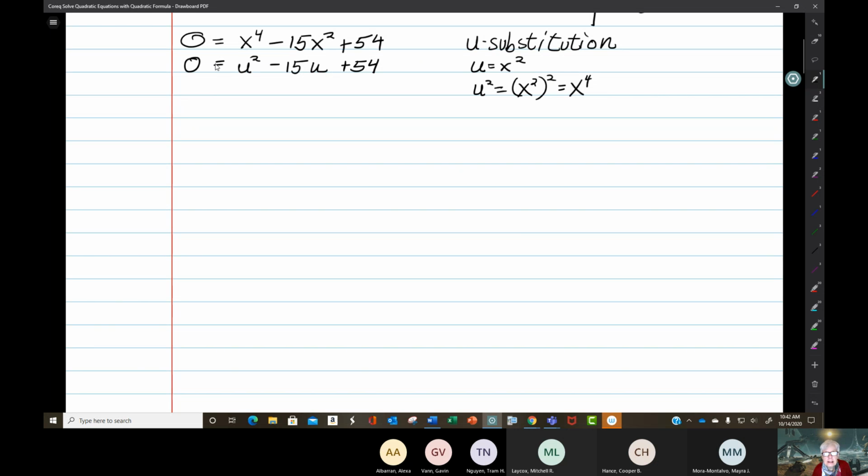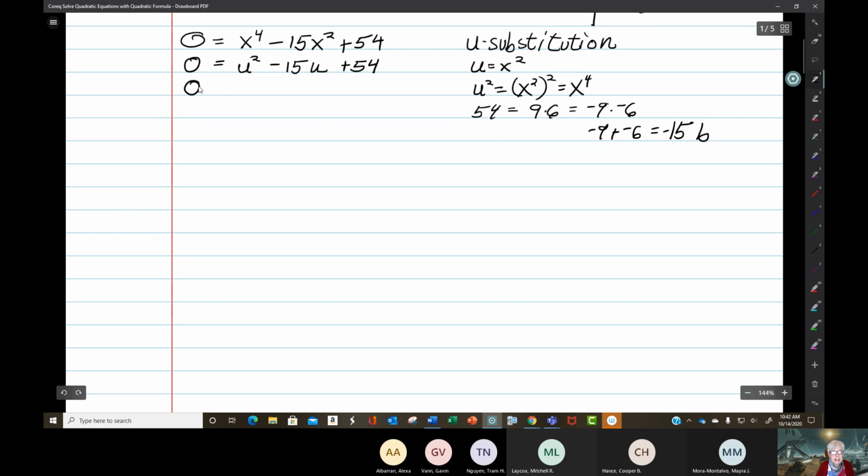Now this is easily factorable, but they aren't all. So let's just do quick factoring. 54 equals 9 times 6, and it also equals -9 times -6. And when you add -9 plus -6, you get -15, which is your B number, the coefficient of the middle term.